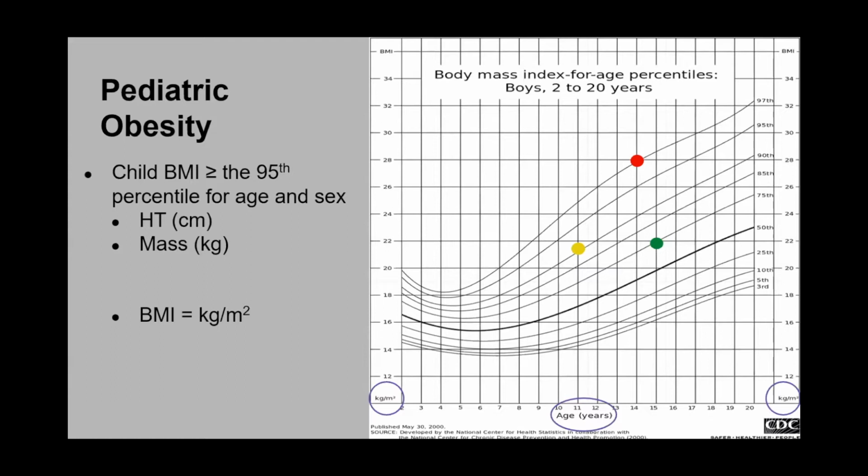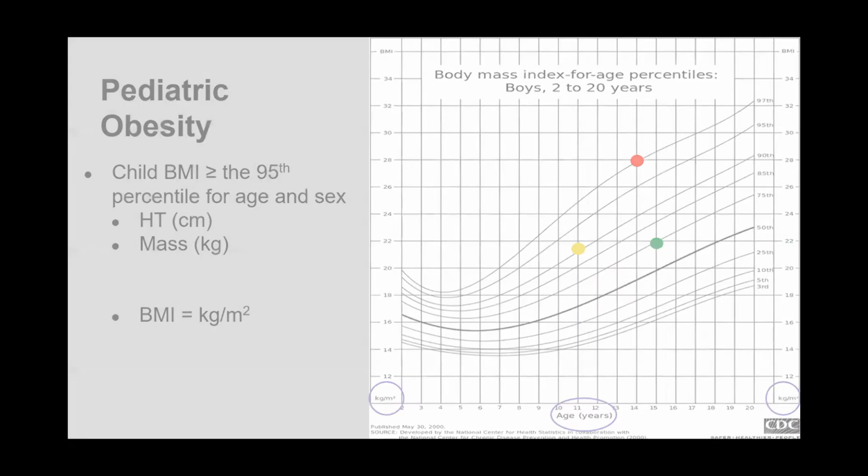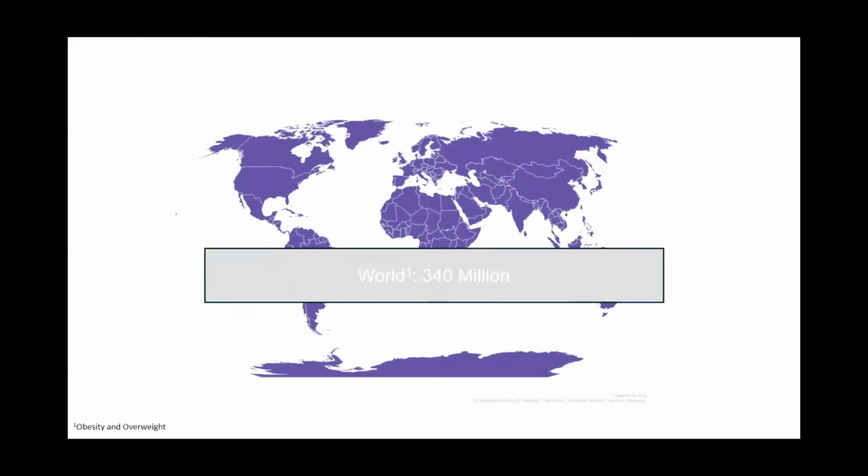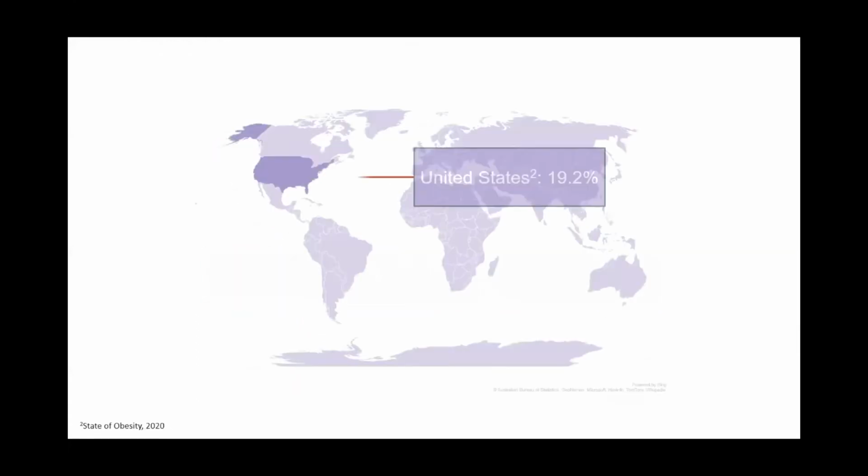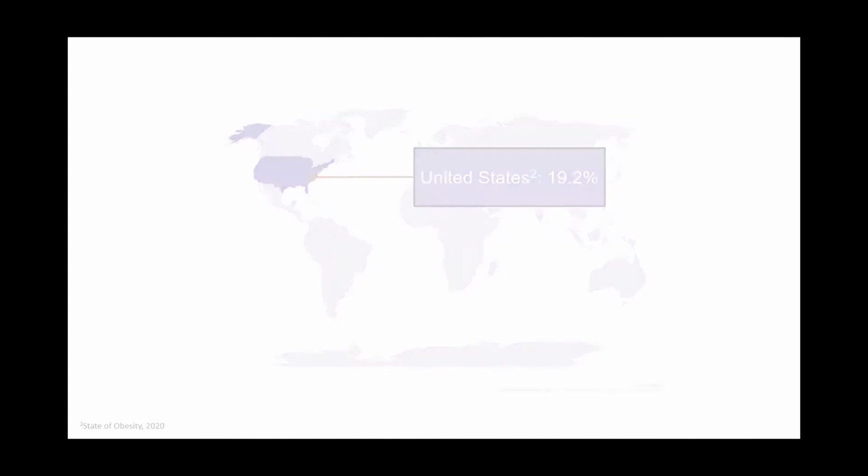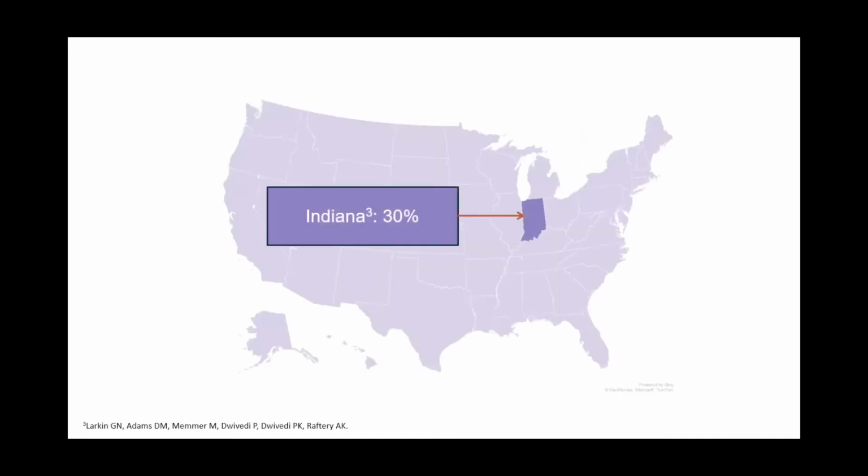So now that we know what pediatric obesity is, let's look at its prevalence. Worldwide, there are approximately 340 million children with obesity. In the United States, approximately 19% of all children have obesity. And in the state of Indiana, approximately 30% of all children have obesity.